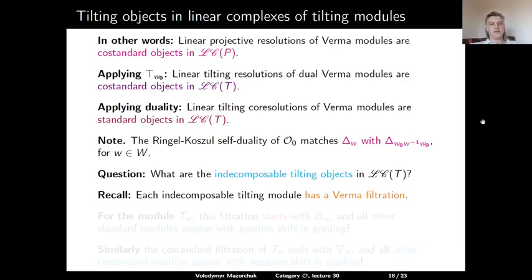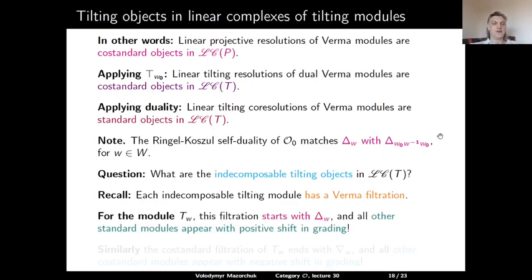Recall that each tilting module has a Verma filtration and a dual Verma filtration. For the tilting module T_w, the Verma filtration starts with Δ_w, and all other standard modules which appear in the Verma filtration of T_w appear with strictly positive shifts in grading.